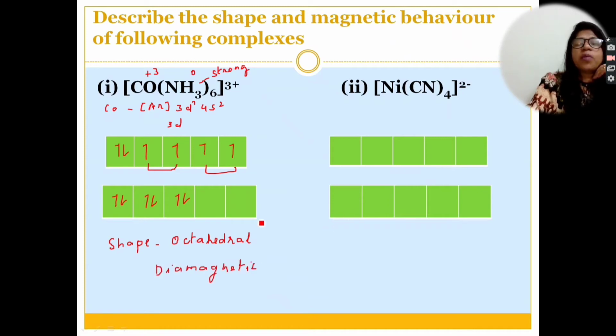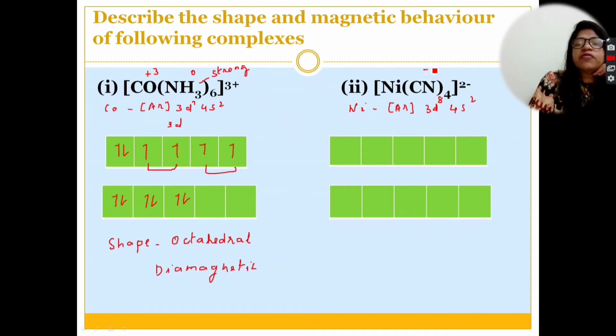Now look at the next complex, nickel. Here CN is a strong ligand. You know that very well. Whatever be the central metal ion, CN is a strong ligand. So Ni electronic configuration will be argon 3d8 4s2. Now what is the charge of Ni?